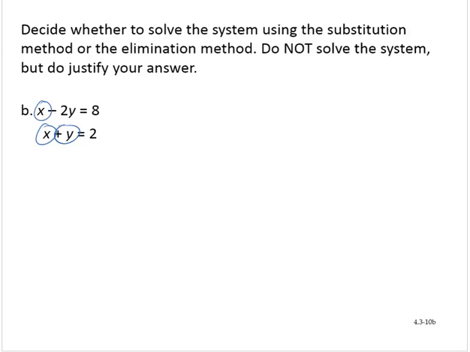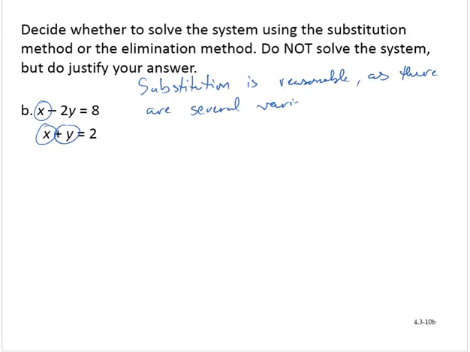So substitution is reasonable, as there are several variables that are easily isolated.